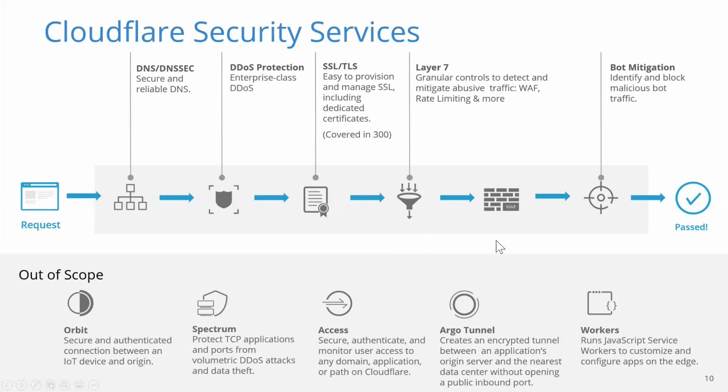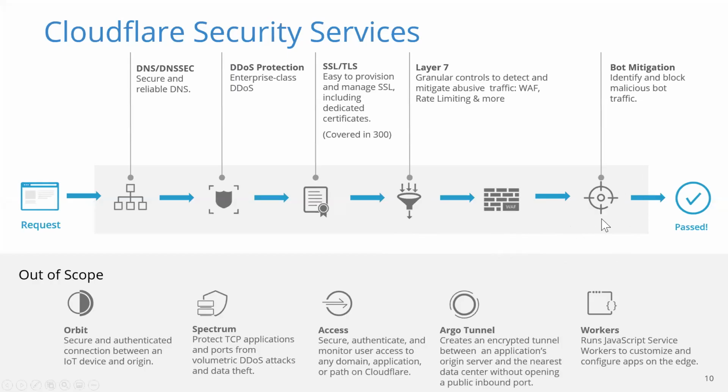And then, second to the end, is the WAF, web application firewall, where it will check the traffic request. The WAF is usually based on HTTP and HTTPS traffic, so it will try to look at the signature. Is it a GET request, a POST request, a header request? Is there anything that matches the rules that we set in our WAF rules? After this will be bot mitigation policies.